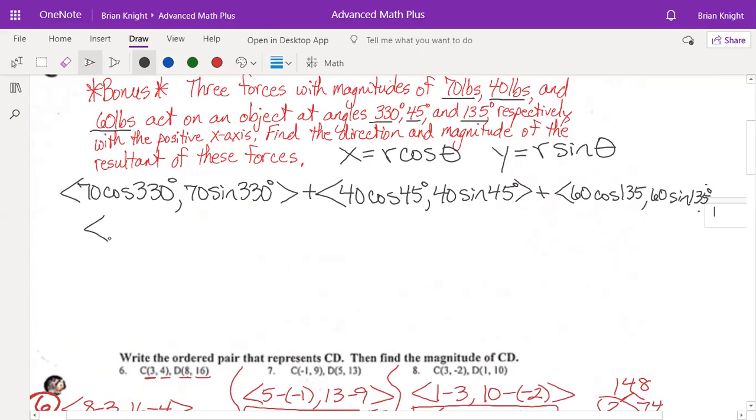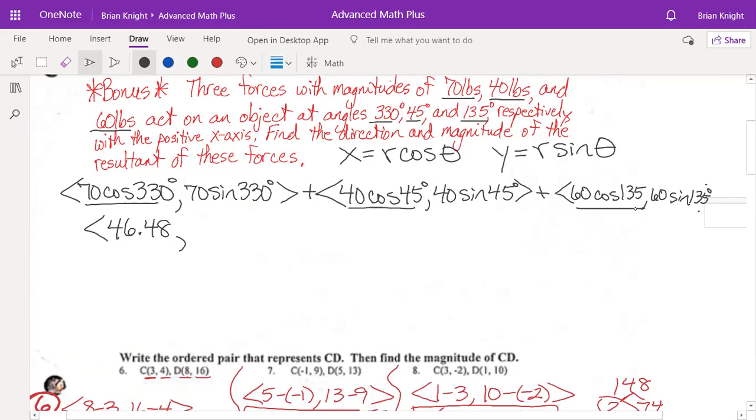Plus 60 cosine of 135. I get 46.48, it's 46.4796, so we'll just round to the nearest hundredth. Everybody good there? That was this plus this plus this, just doing the X parts.